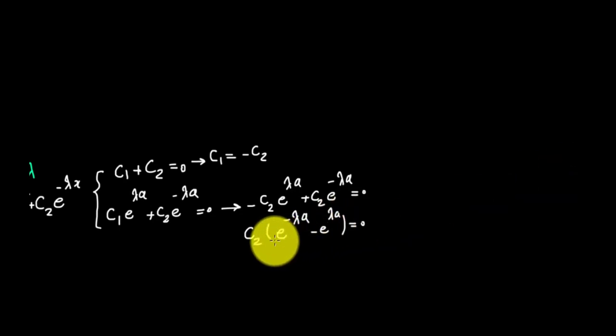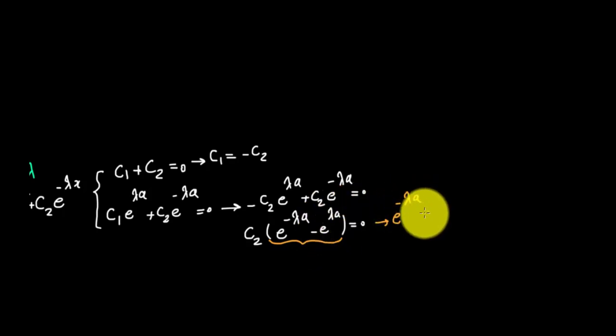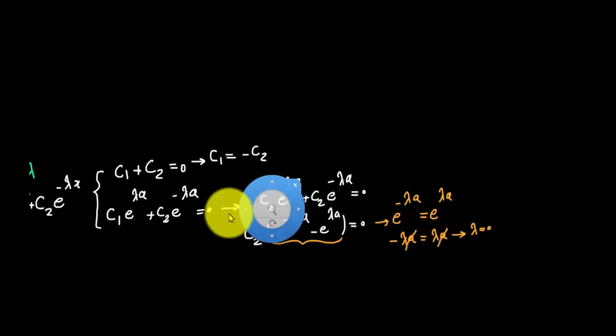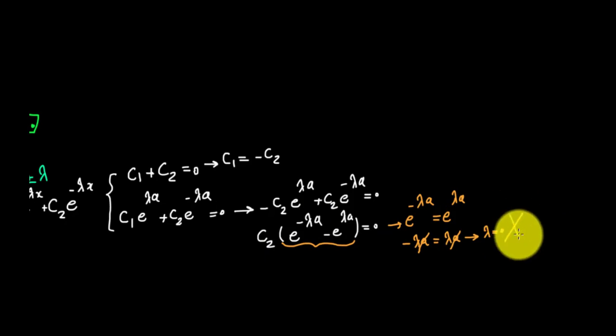So the only way that this gives me non-trivial solution is that this parenthesis equal to 0, meaning e to the negative lambda A becomes equal to e to the lambda A. But if you take the natural log from left and right, this gives me negative lambda A should equal to lambda A. And knowing that A is the length of the rectangle, I can divide each side by A, so it gives me minus lambda, which is equal to lambda, which is not possible unless lambda equals 0, which we analyzed in the previous scenario.